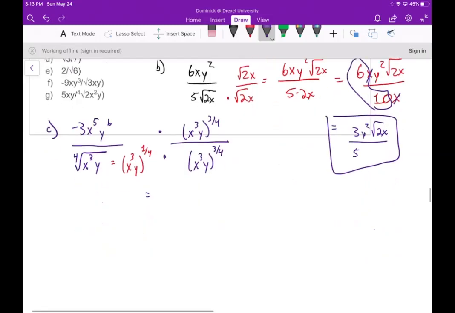So now in the bottom, I'm going to get x to the 3rd y, which is what we want. And then in the top, we're going to get negative 3x to the 5th y to the 6th.